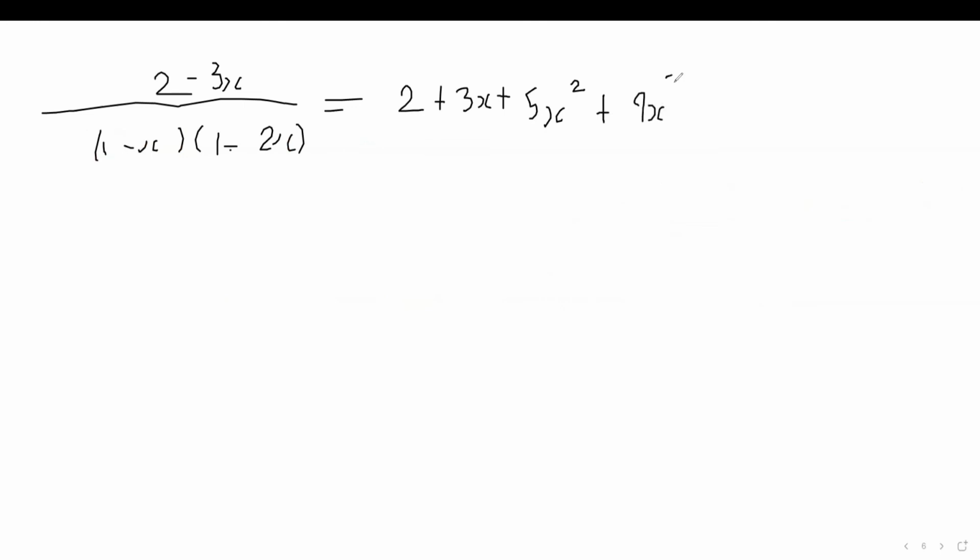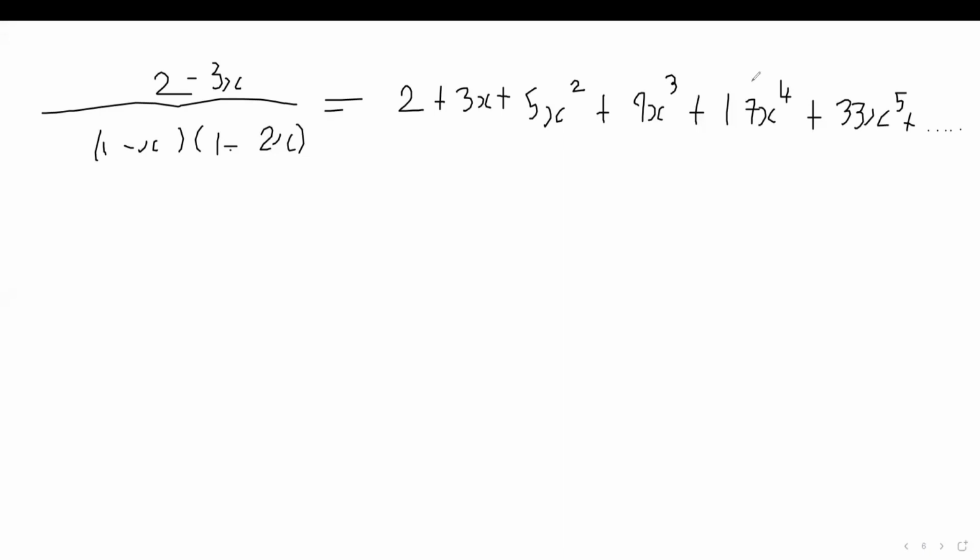Add 1 to it, add 2 to it, add 4 to it. What would be the next one here? 17x to the 4. This makes sense? Add 8 to it, then add 16 to it, which would then be 33x to the 5th. I will continue. This makes sense?